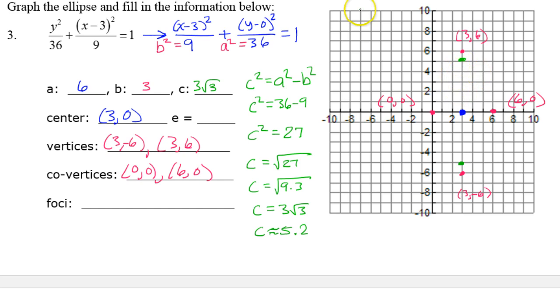Now, just like we did in the problem above, let's carefully think about the coordinates. Notice how all 5 of these points will have the same x value. They are all lined up at 3 as far as the x-axis is concerned. So they all have an x value of 3. All right, so these foci will both be 3 comma something.